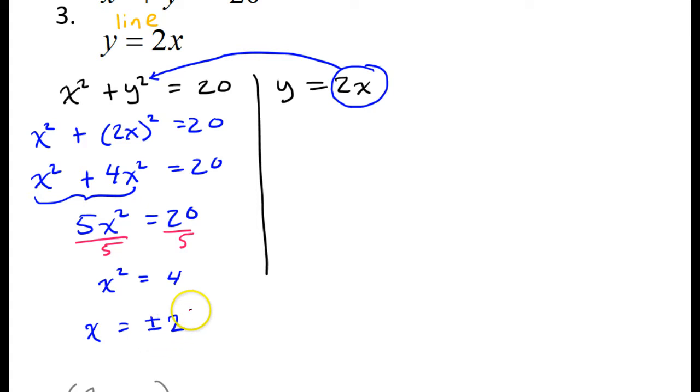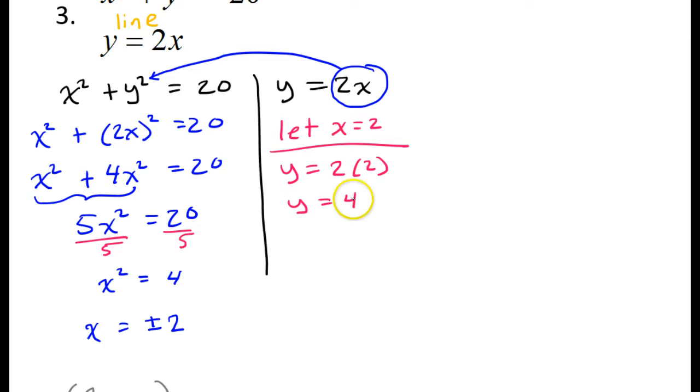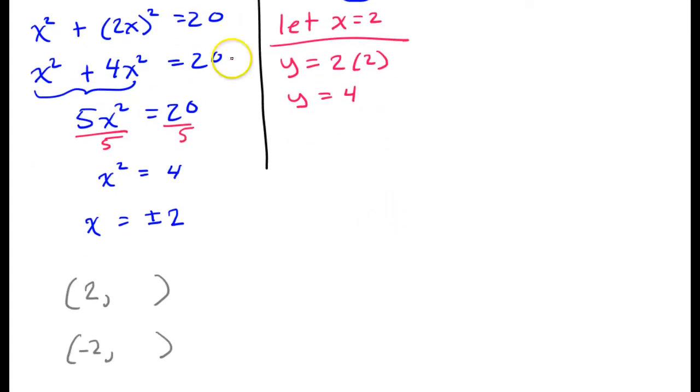Okay, so let's start with positive 2. And let's let x equal positive 2. In that case, we have y is equal to 2 times 2. So y is equal to 4. So that gives us an intersection point of 2 comma 4.